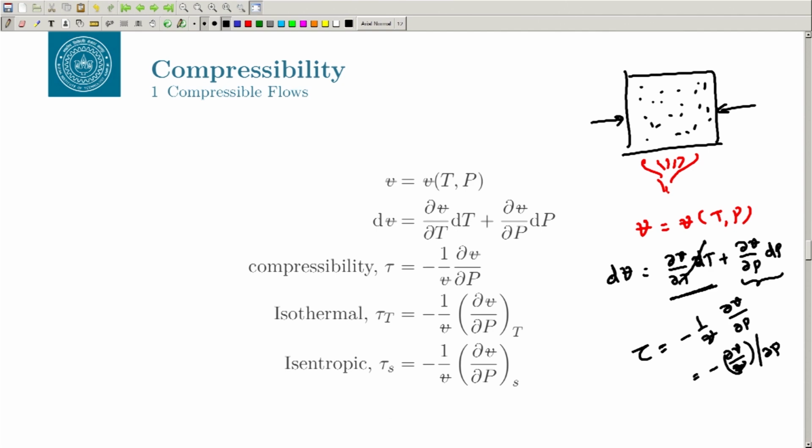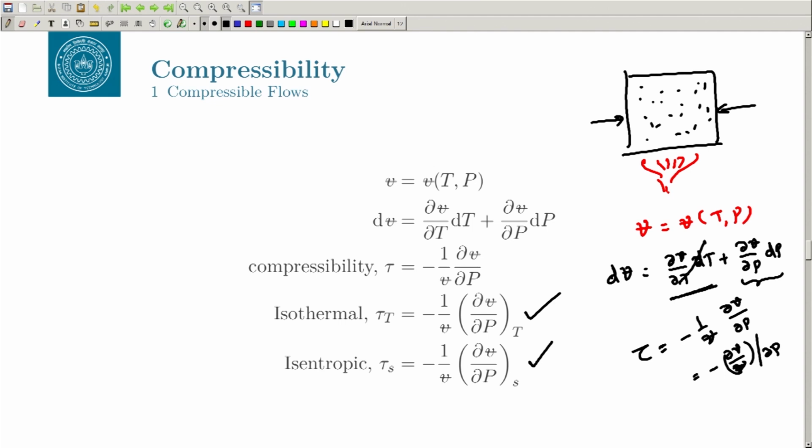But if there is a mechanism through which we can keep the temperature constant, by doing some heat transfer and so on, then that is called the isothermal compressibility, tau T. The change in volume occurs due to the change in pressure at a constant temperature. And if we can do it isentropically, basically a very slow process, then it is called the isentropic compressibility. That means the entropy is constant while the volume is changing due to the application of pressure.